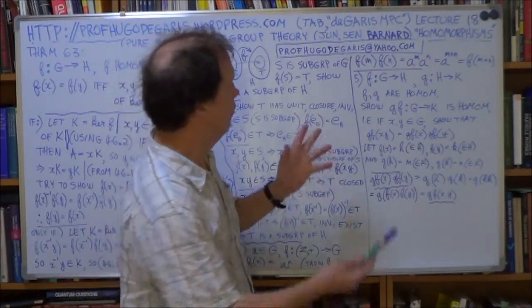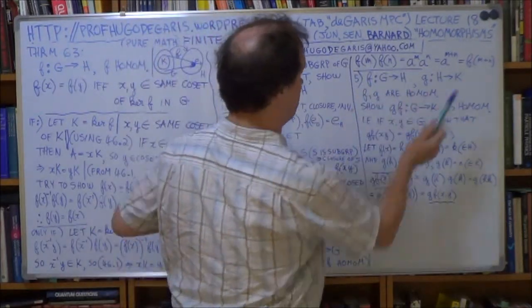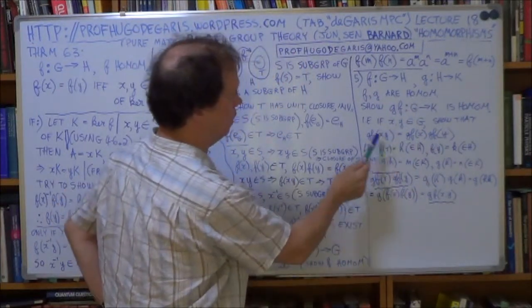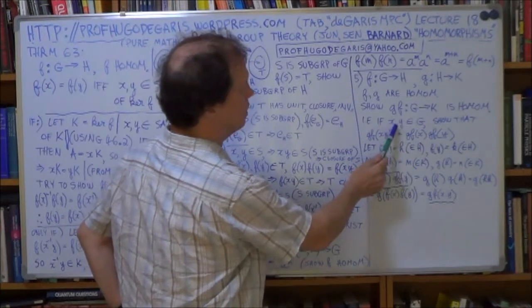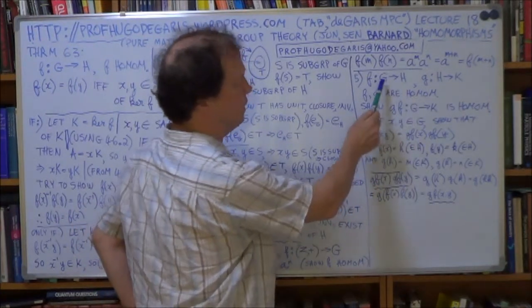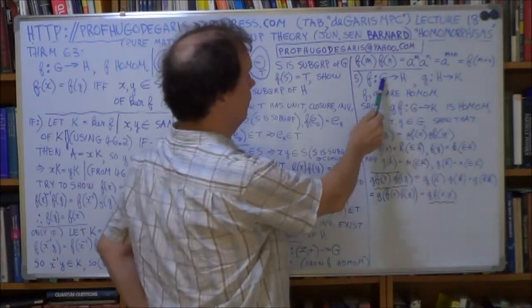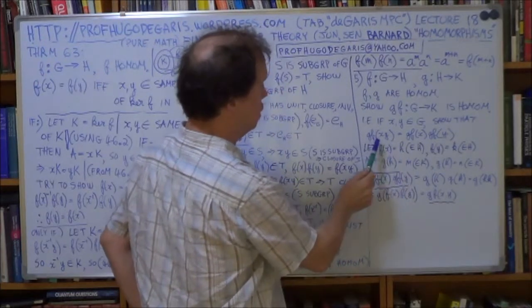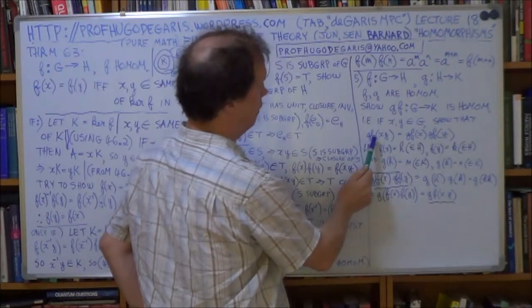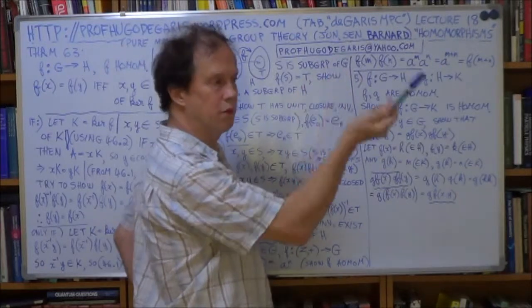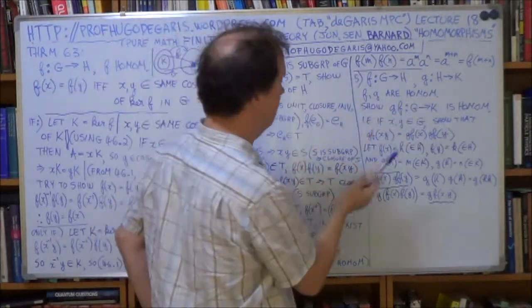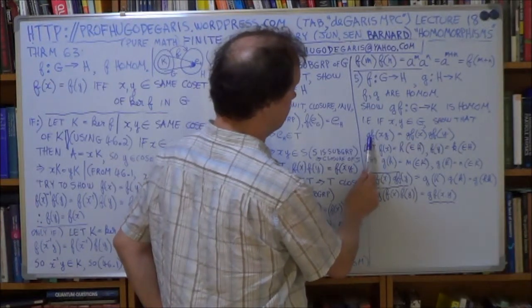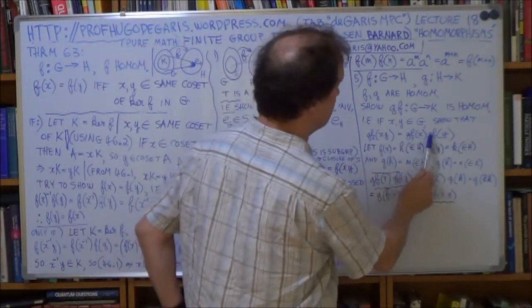Now, to do that, you can translate it into this: take any two elements x and y of G, your starting group, your domain, and you need to show that gf of xy is equal to gf of x times gf of y.